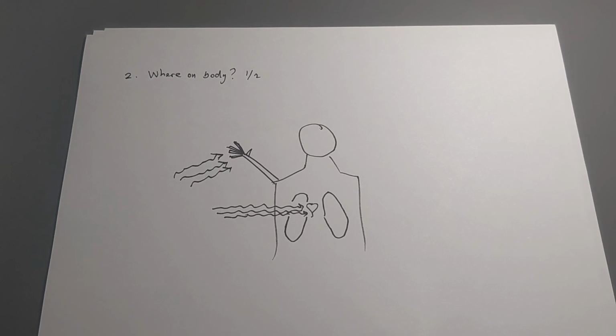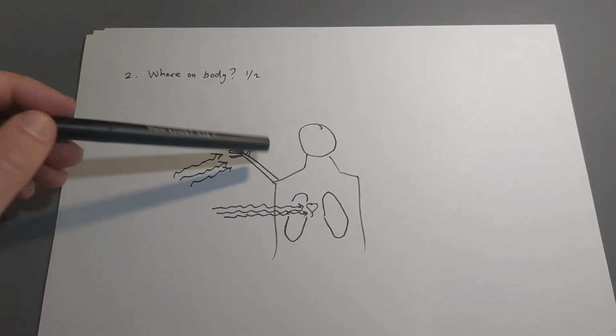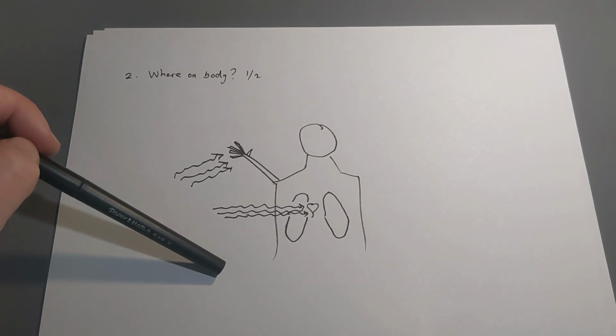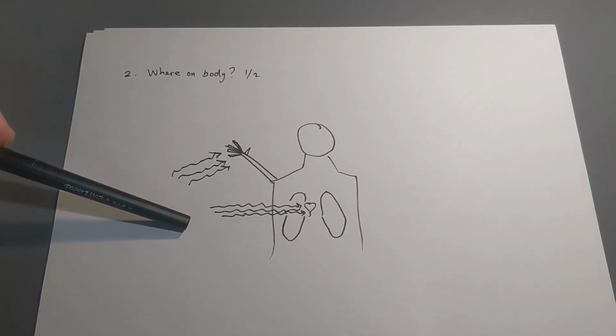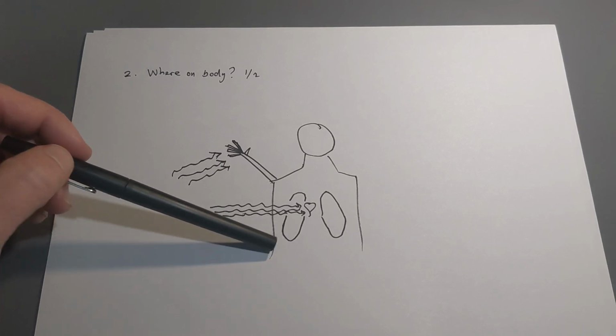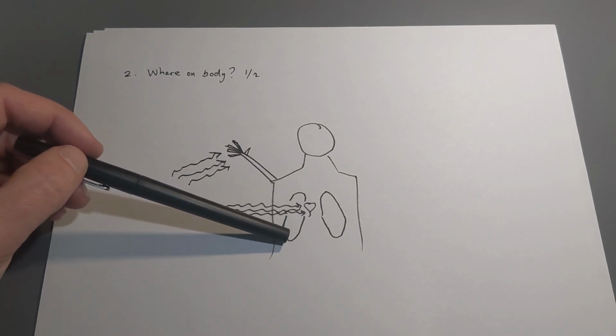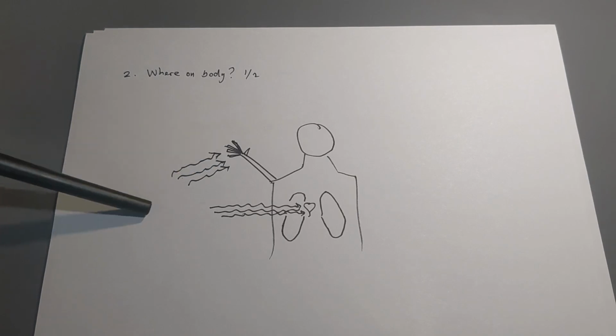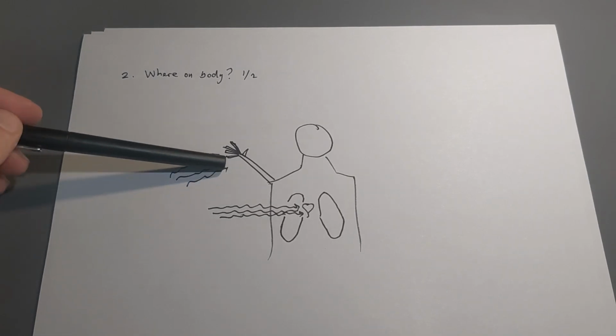Number 2, where on the body? So I kind of already explained it, but as you can probably guess, different organs have different susceptibility to health effects. Your lungs, for example, if you have a lot of radiation impacting your lungs, you might be at greater risk of lung cancer. Something like your hand, as you can probably guess, is less susceptible.